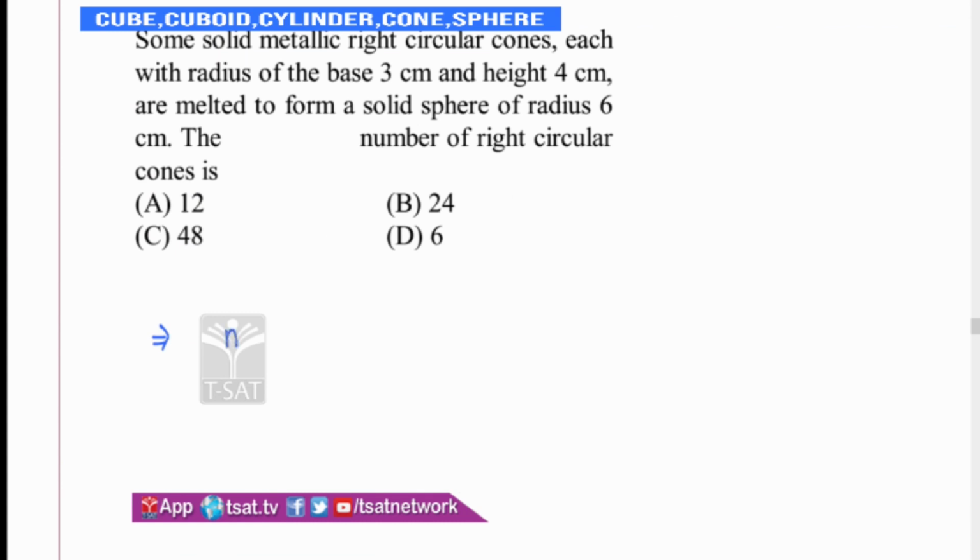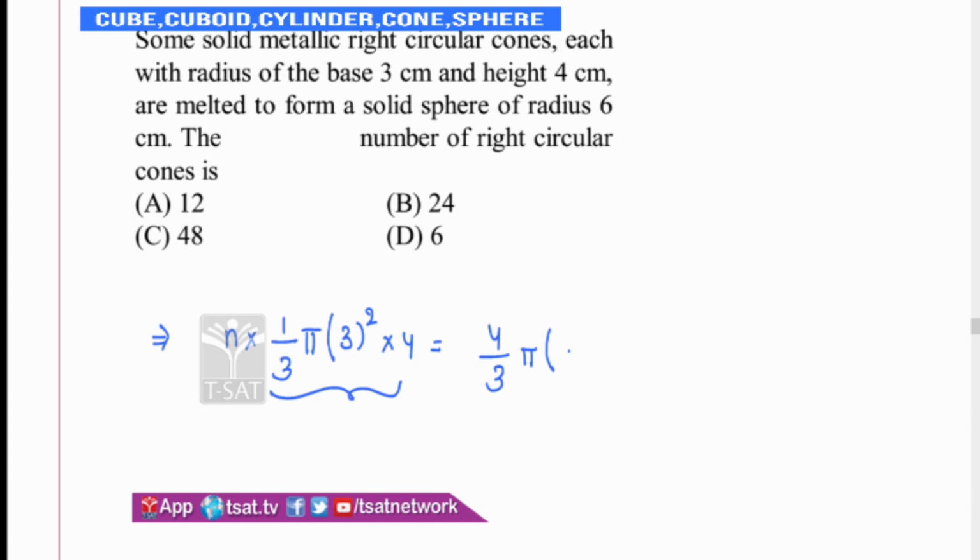Let us say n into the volume of a cone, which is 1/3 of pi r square h. Here we are melting the cones and forming a sphere. It doesn't matter whether you melt a sphere and form a cone, or melt cones and form a sphere, you have to equate their volumes. Base radius 3, therefore 3 square, height 4. N such cones are forming one single solid sphere, therefore equate the volume of the sphere, 4 by 3 pi r cube.